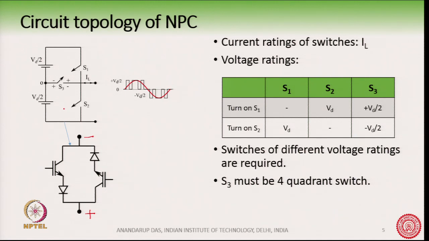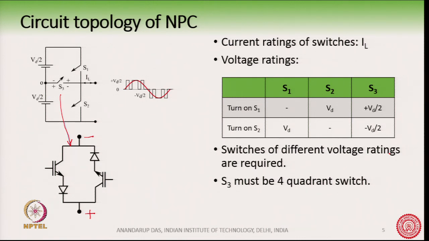So, we need S3 as something like this, S3 must be made as this kind of circuit. What we understand here is that switches of different voltage ratings will be required in this circuit, and S3 must be a 4 quadrant switch. It has to block voltages on both sides, plus and minus, and it has to carry current in both directions.